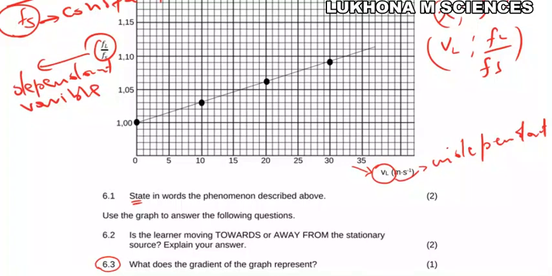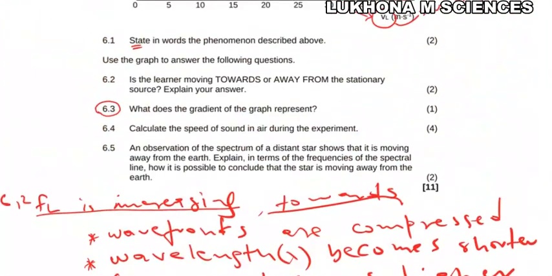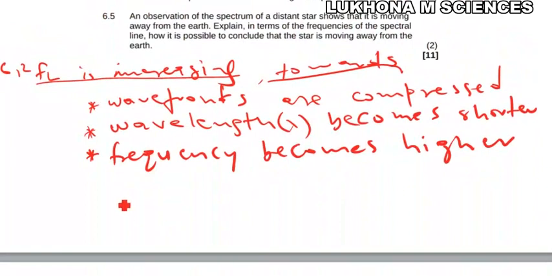Now, when we calculate the gradient, we say the gradient is equal to change in y over change in x. So in this case, on the y-axis there is just a ratio. Let me just say 1 divided by, on the x-axis there is v. That is 1 over v.